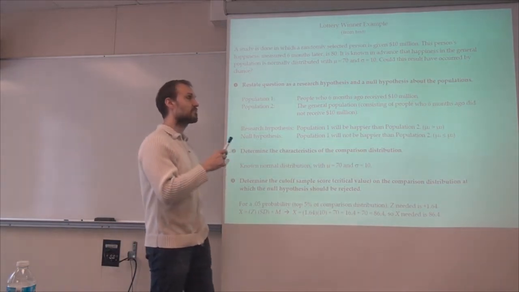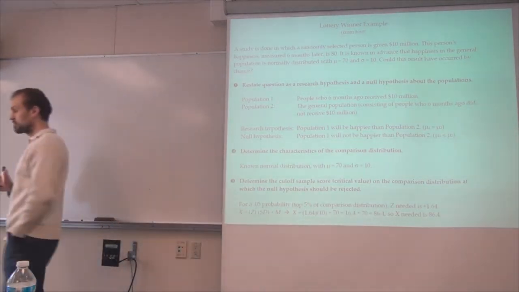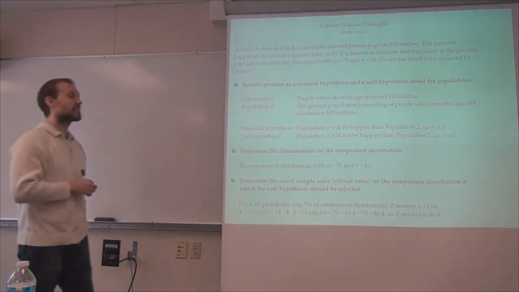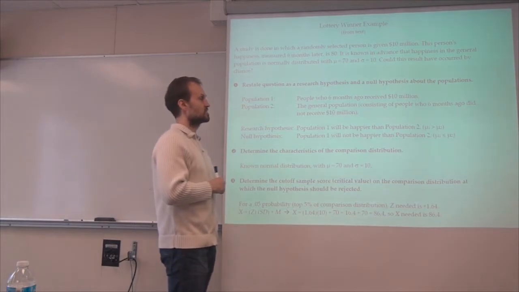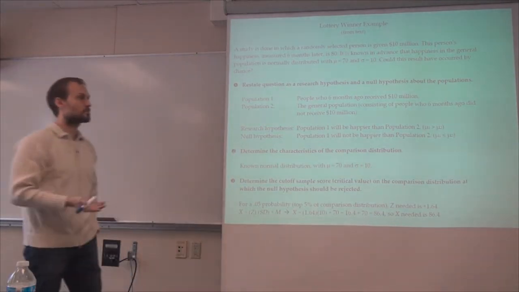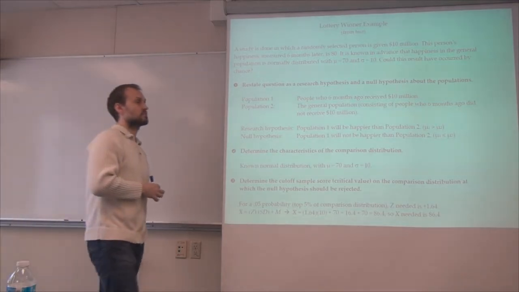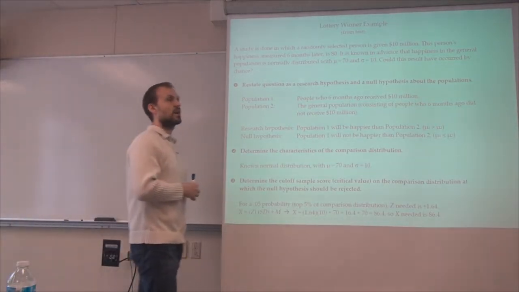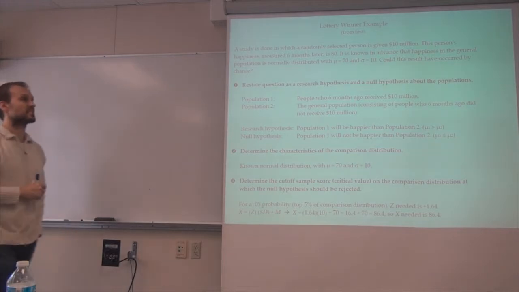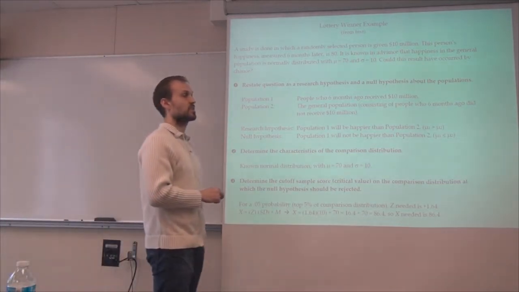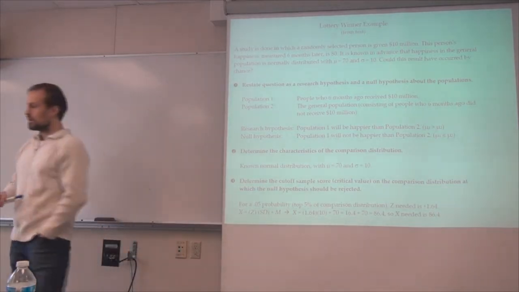So I'm hoping that the average happiness score of people that receive $10 million is higher than the population average. And the null hypothesis is the opposite: that people that receive the $10 million are not significantly happier. On average, it's not really more.